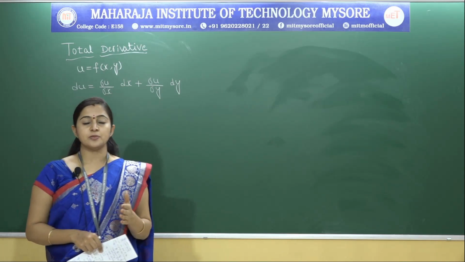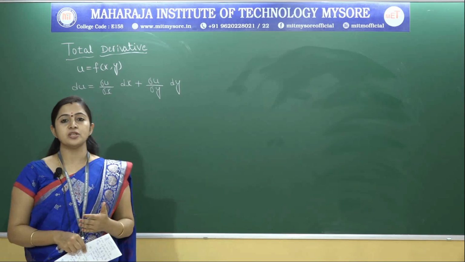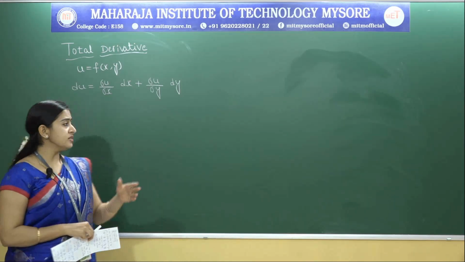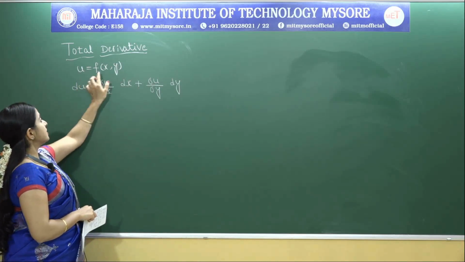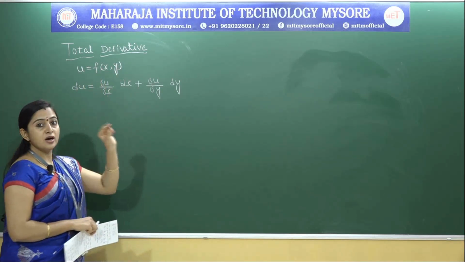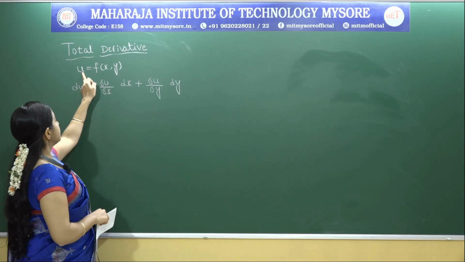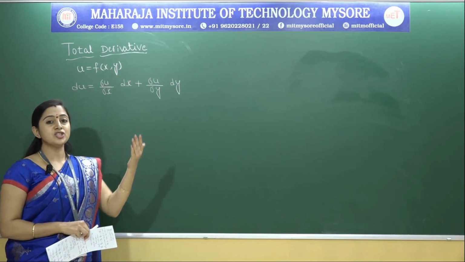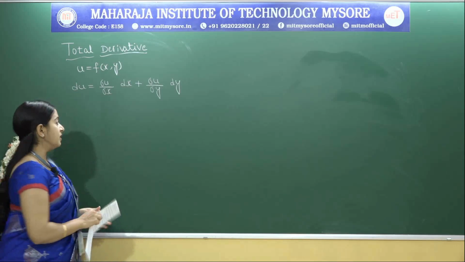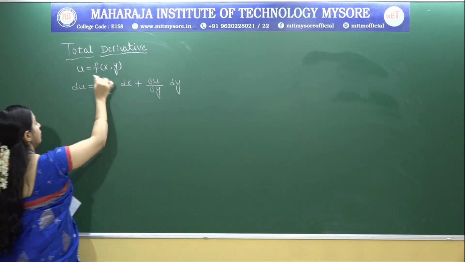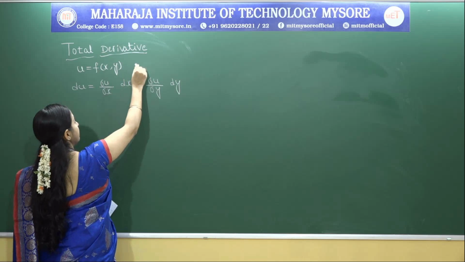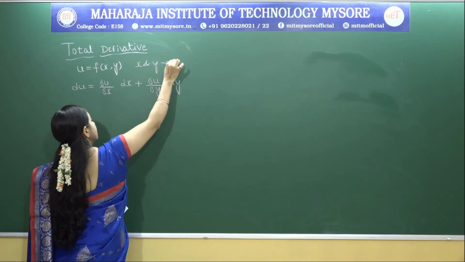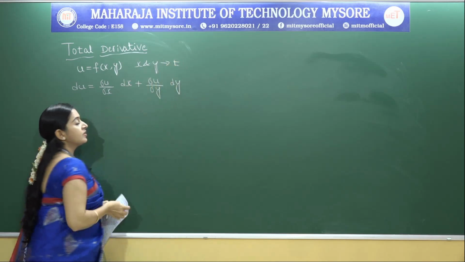So first I take the first part, the total derivative of a composite function of a single variable t. I consider the same function u equals f of x comma y, where u is a function of x and y, and x and y are functions of the single variable t.